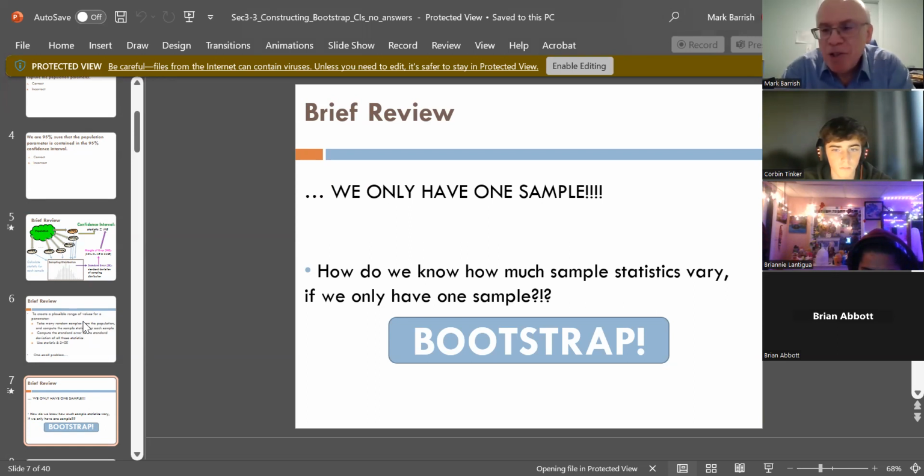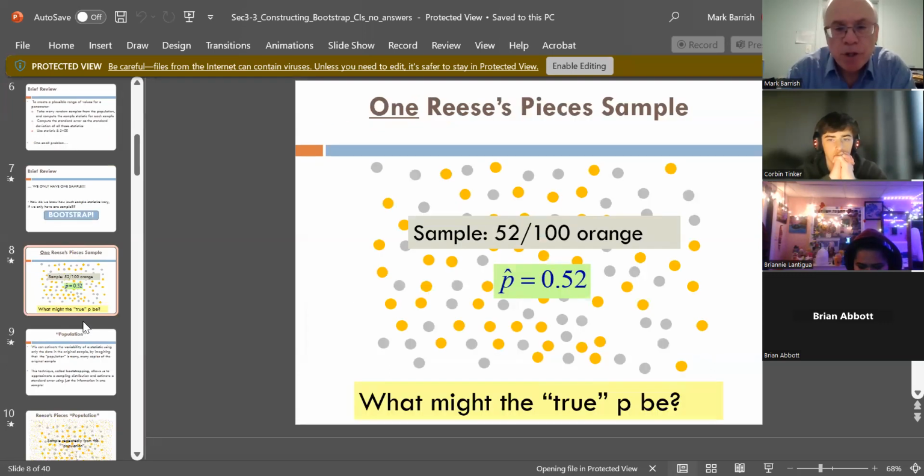So it's just an old-fashioned phrase, but statisticians back then used this term to create something out of nothing, basically. So forget about it. It's just a word. So we use this so-called bootstrap procedure.